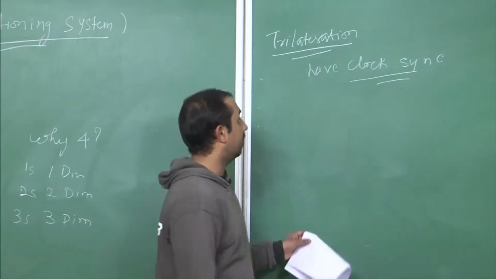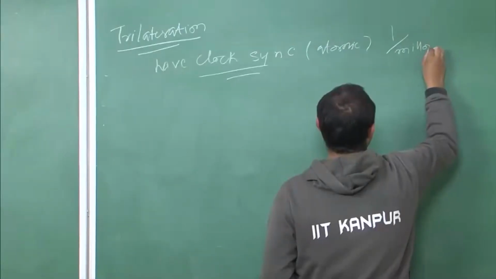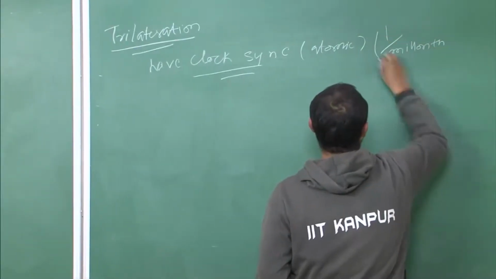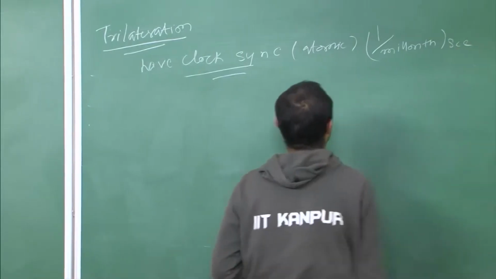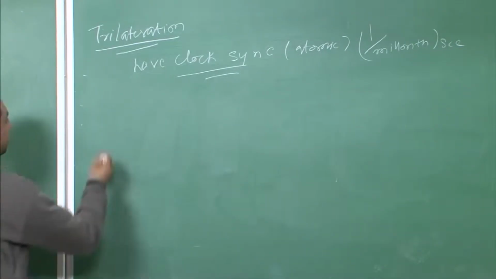Now each and every satellite sends 2 pieces of data to the GPS receiver: first, its location, and second, the time at which it was sent.